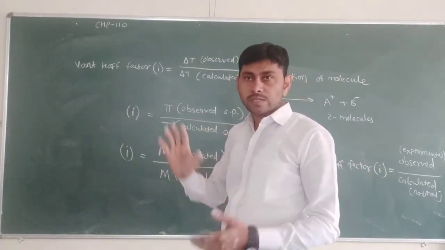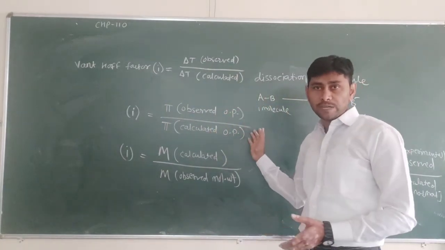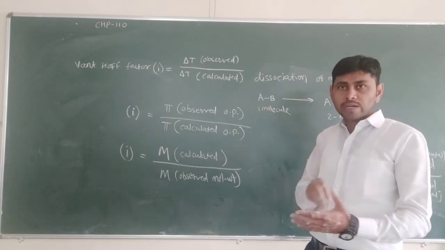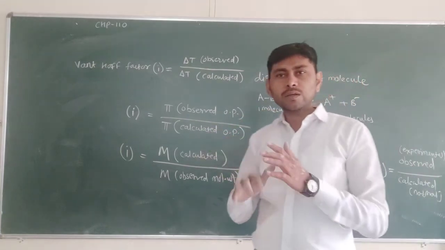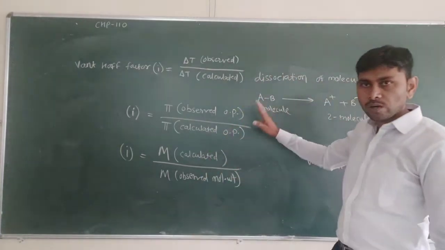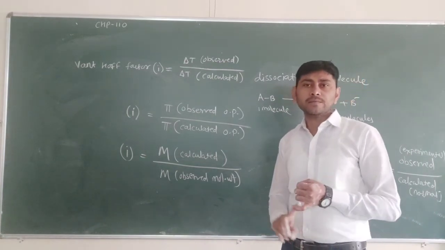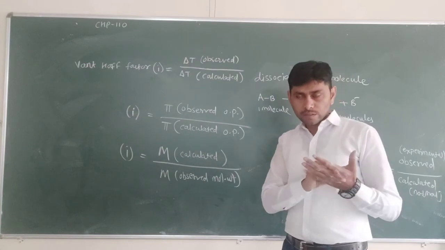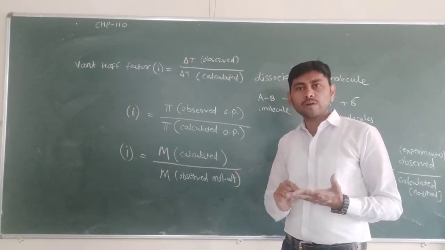In dissociation the number of molecules increases, so the colligative property increases in actual value when we determine it experimentally, compared to what we calculate theoretically. Due to this increase in colligative property there will be a difference between the actual value and the theoretical, calculated or normal value.